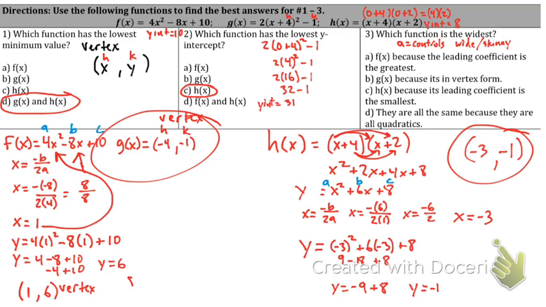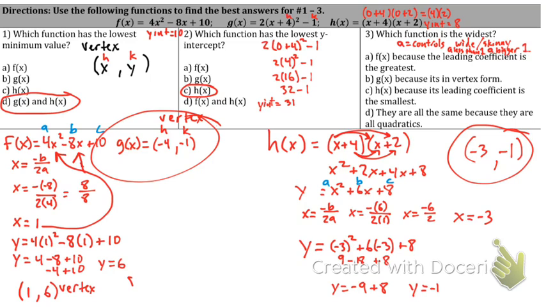So how do I know? If a is bigger than 1, it gets skinnier. Okay? This is all from the week before Thanksgiving. If a is less than 1, think fractions, don't think of sign.